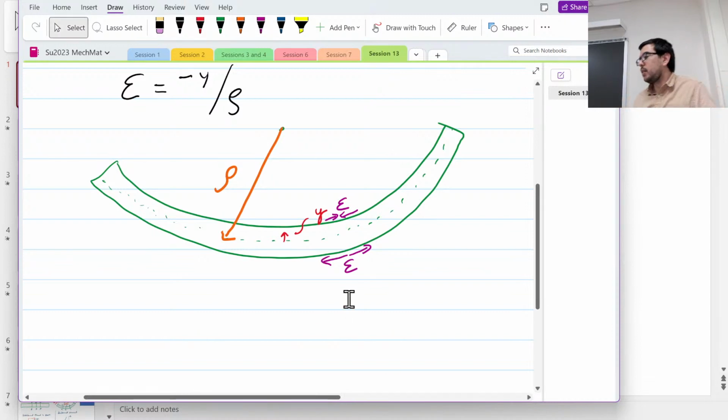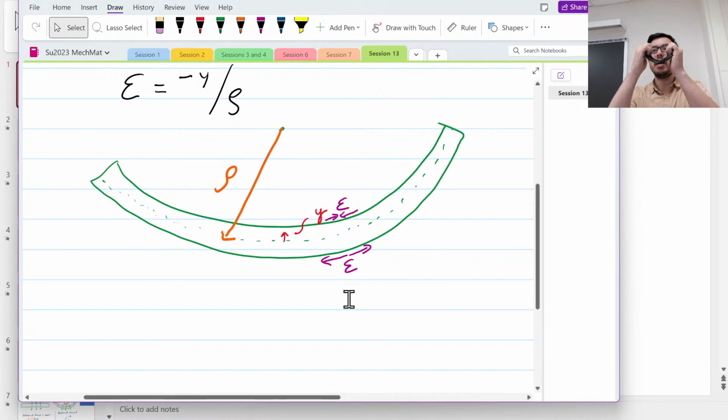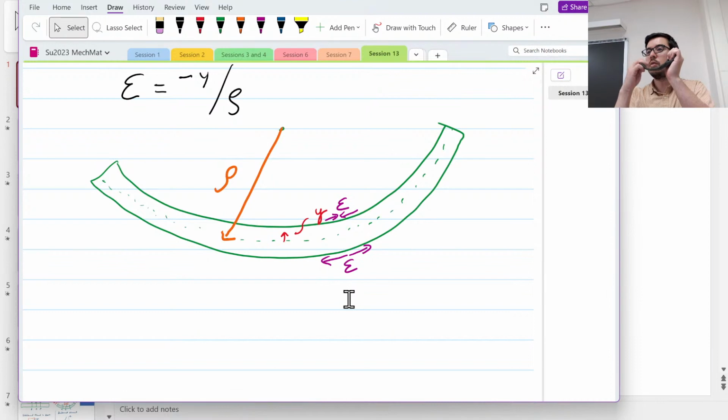Forget the math. If I take a beam, and I apply a moment to it and make it smiley, is the top of the beam in compression or tension? Compression.